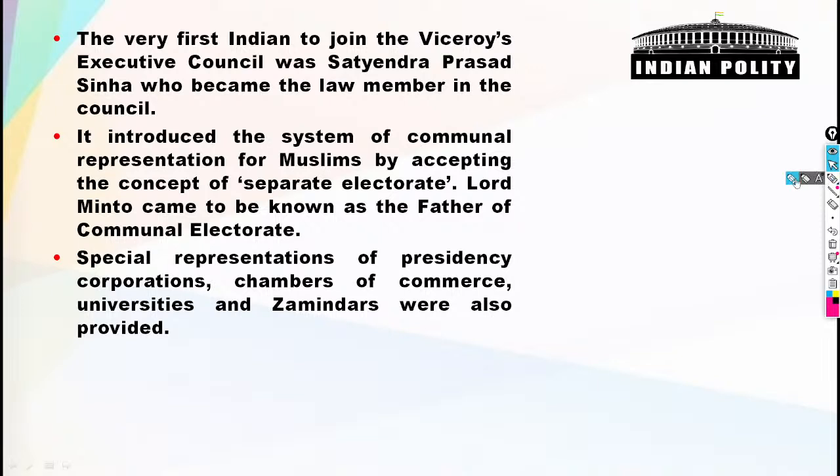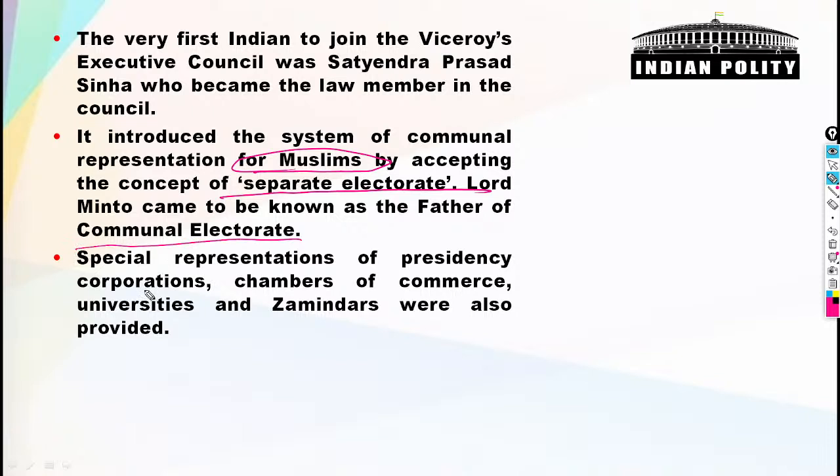The most notable factor is that it introduced a separate electorate system by providing a separate electorate constituency for Muslims, thereby sowing the seed of communal separatist feelings. And Minto is said to be the father of the communal electorate system.